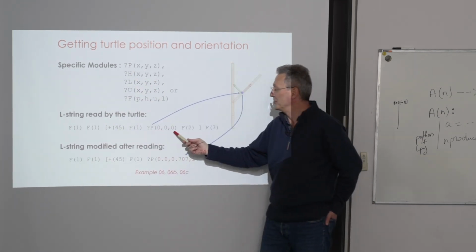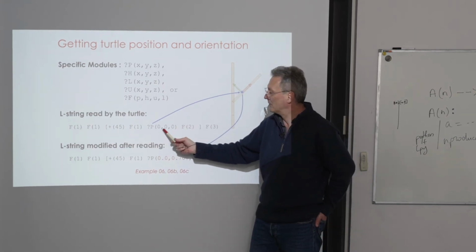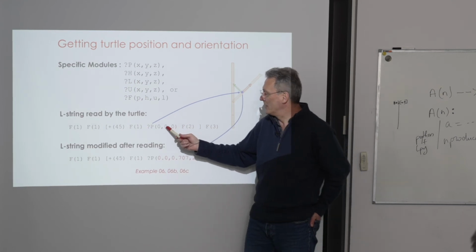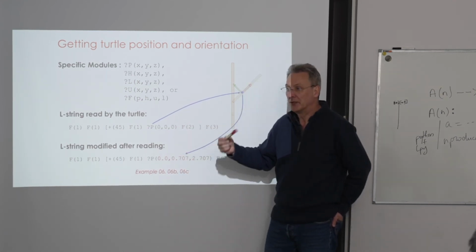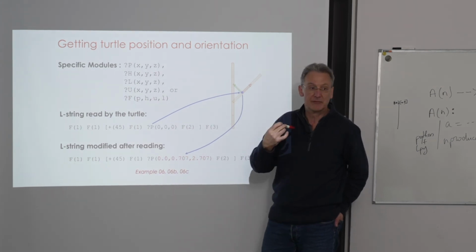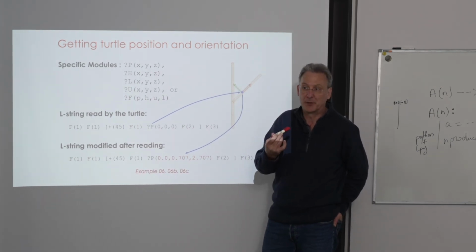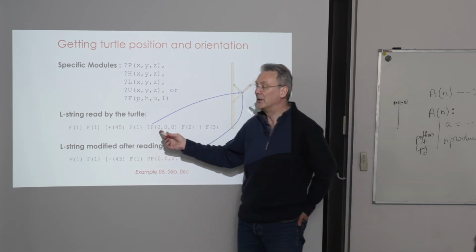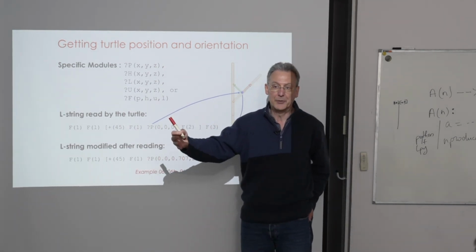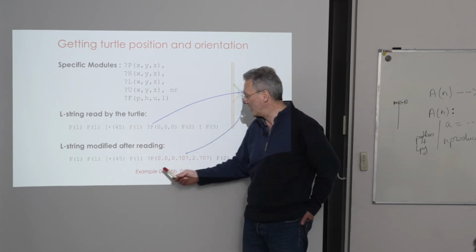If you put this module here with whatever values, it's not significant here, when you apply the rule, the turtle will send back in this module the actual value of its position. So it's a way to question the turtle: where are you at the moment? And then it will answer.